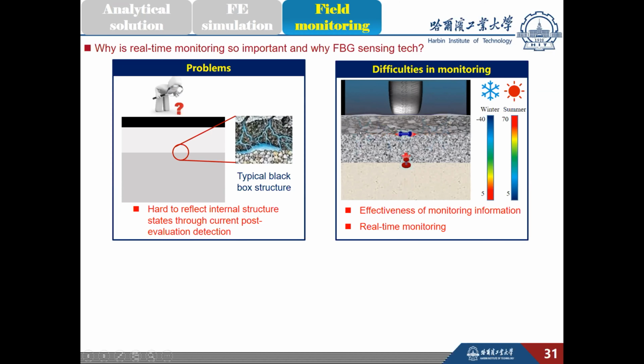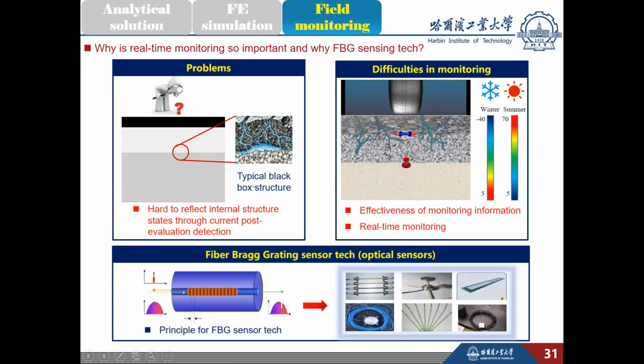Therefore, pavement health monitoring, like structural health monitoring using built-in sensors, could be applied instead of the method mentioned before. To conduct pavement response monitoring, the use of durable and high precision sensors is a premise.